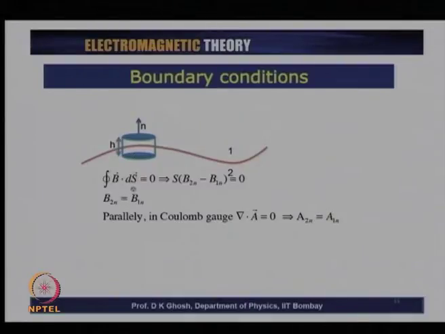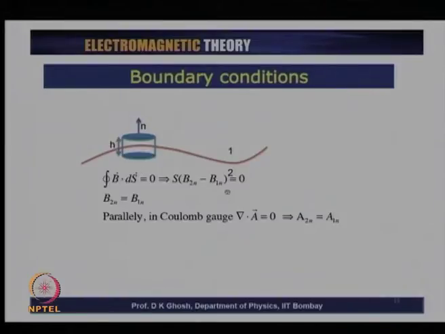So, for the B dot d s, there is no contribution from the sides because I have taken h to go to 0. If I take capital S to be the area of these end caps, then I get area times B 2 n minus B 1 n, minus because I have to take one direction for the normal, but here the outward normal would have been that way.